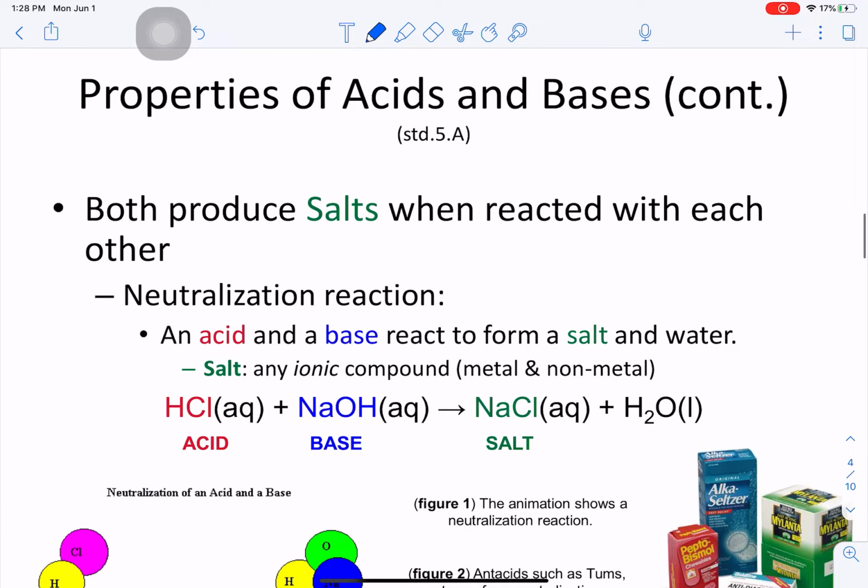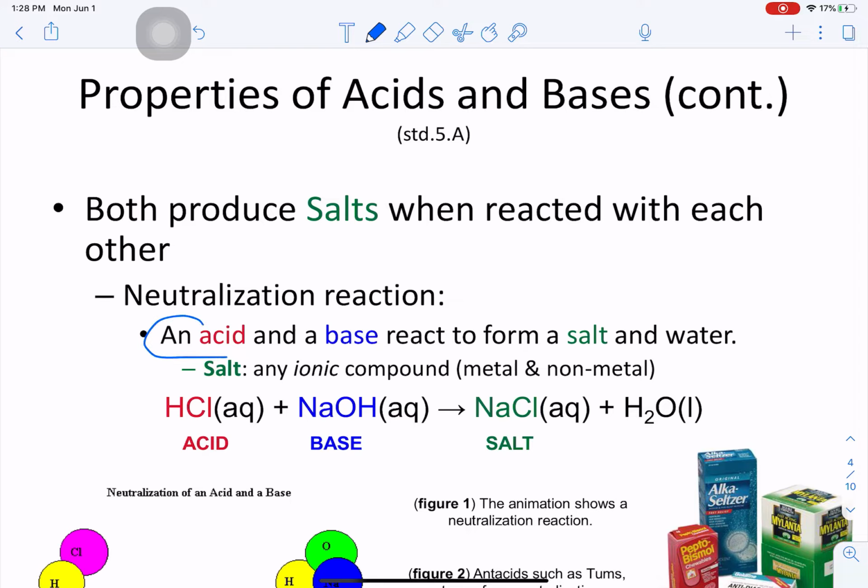Okay, now, this one gets pretty tricky, but you've seen these before. These are neutralization reactions. Neutralization reactions happen when an acid reacts with a base. Anytime an acid reacts with a base, a salt will be produced and water will be produced every single time.